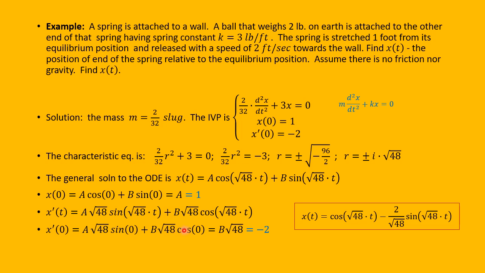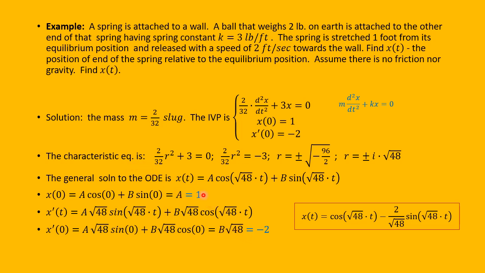Sine of 0 is 0, cosine of 0 is 1. So this simplifies to b times the square root of 48 times 1, which is b times the square root of 48. And according to this initial condition, x prime of 0 has to be minus 2. So that tells us that b is minus 2 over the square root of 48.